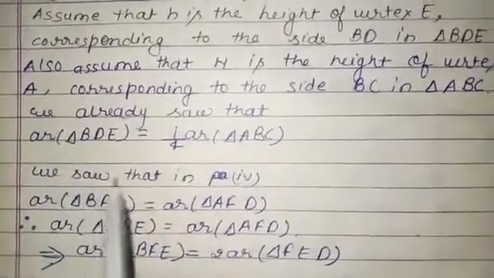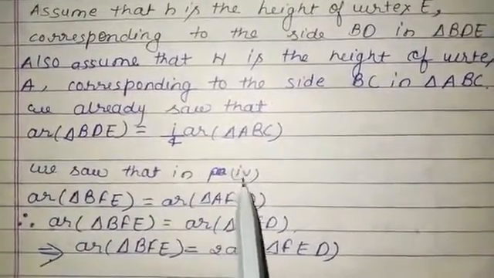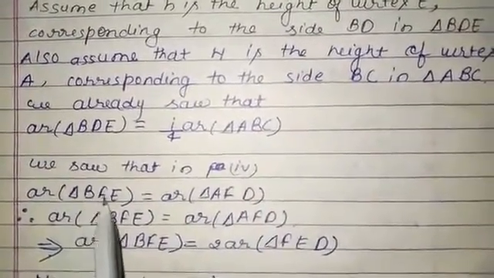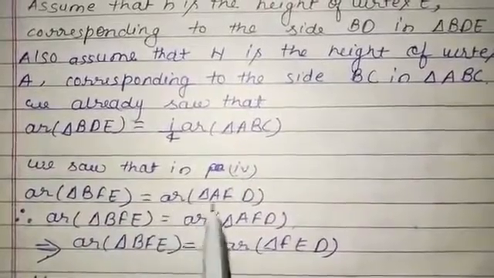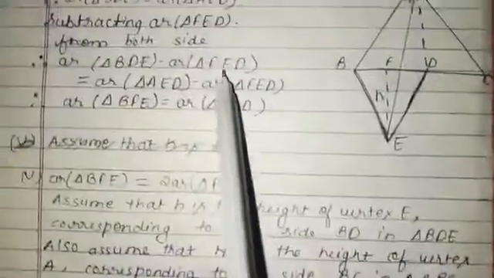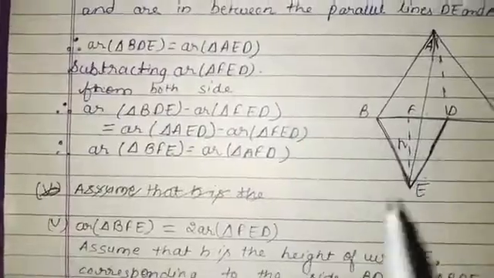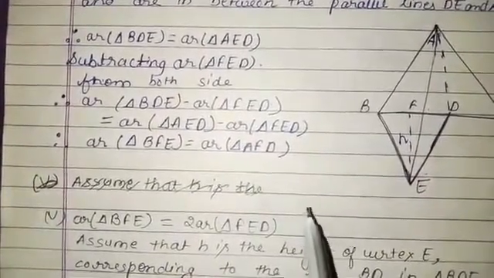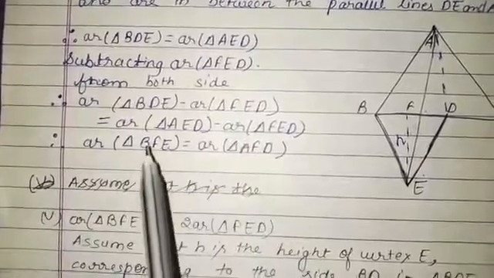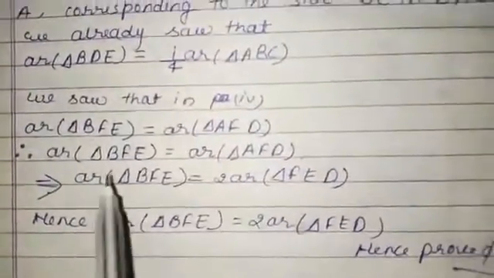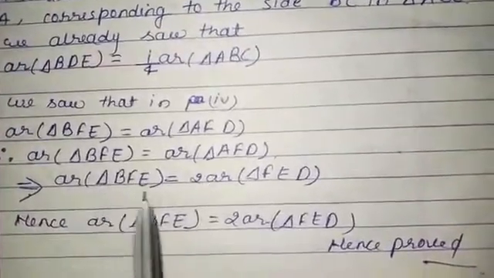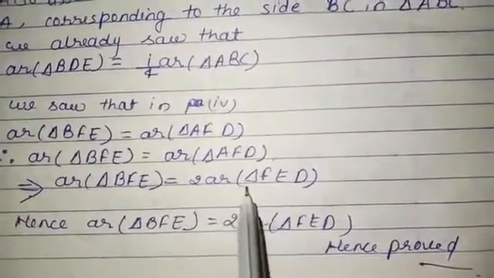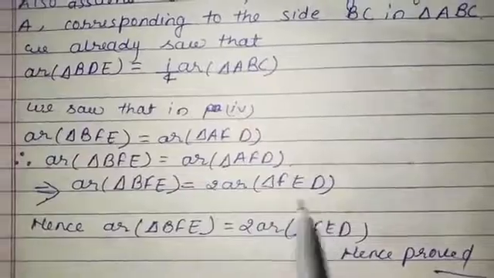We saw in part 4 that area of BFE is equal to area of AFD. Now area of AFD is equal to area of FED.